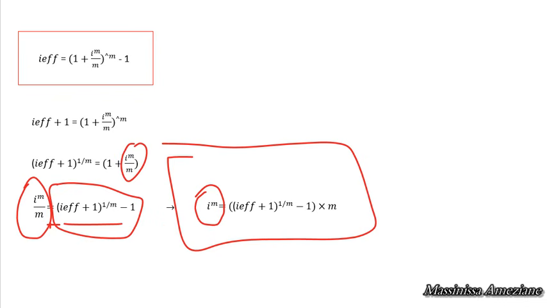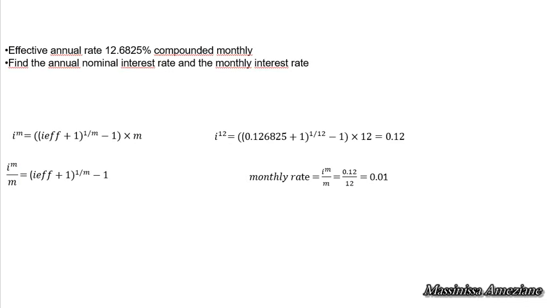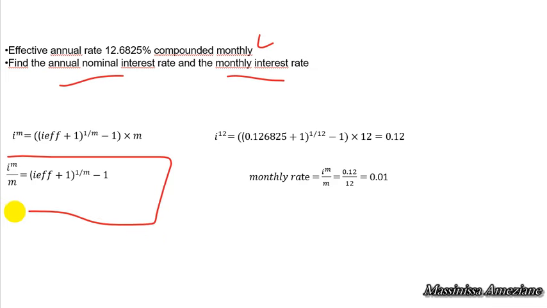Now let's apply this in an example. Imagine you have an effective annual rate of 12.68% compounded monthly. This is the effective, and the question here is to find the annual nominal interest rate and the monthly interest rate. We just need to apply our formula. This is for the monthly and this is for the annual.